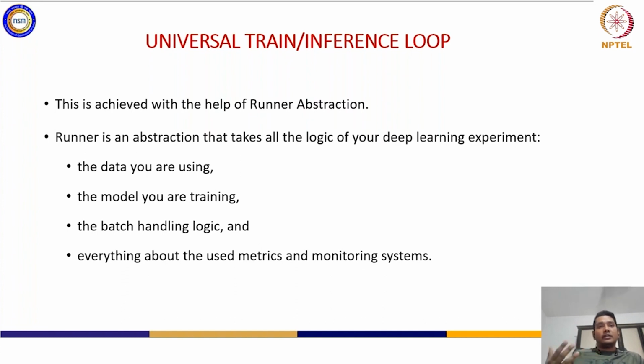And every metric to be monitored, let's say accuracy, loss, precision, recall, F1 score, any metrics you can think of from a universal training point of view, you can have complete abstraction into one wrapper called the runner.